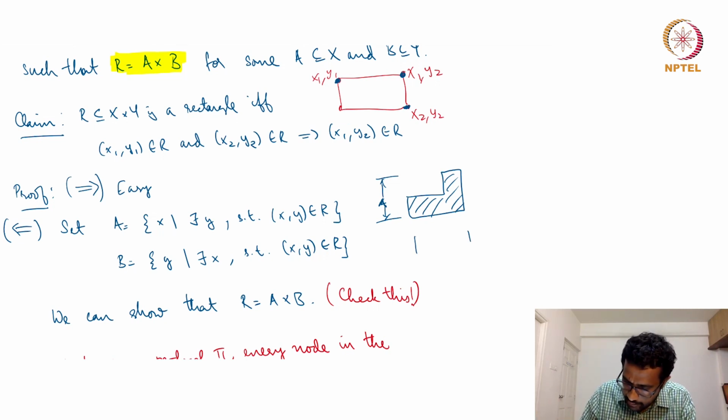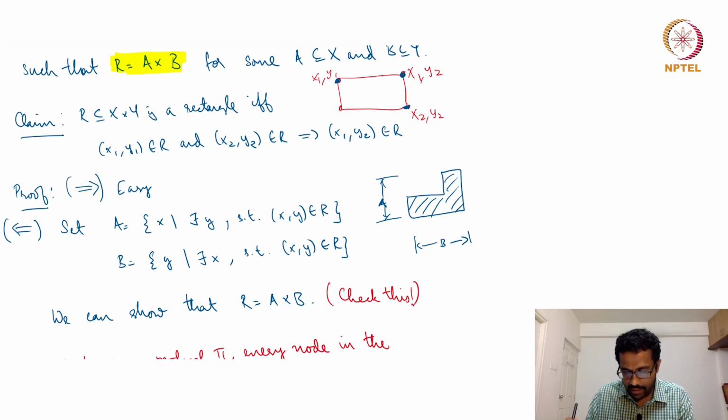Similarly, consider the projection onto the y domain and call it B: all the y's such that there is some x for which (x, y) is in R. And the claim is that R will be equal to A cross B.